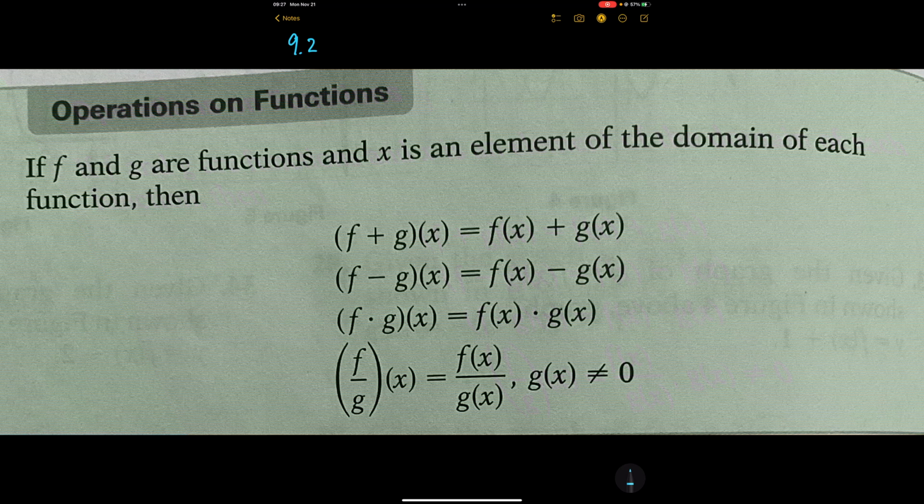Now, remember, we used to talk about one function, like f of x or g of x. But now we're talking about two functions.